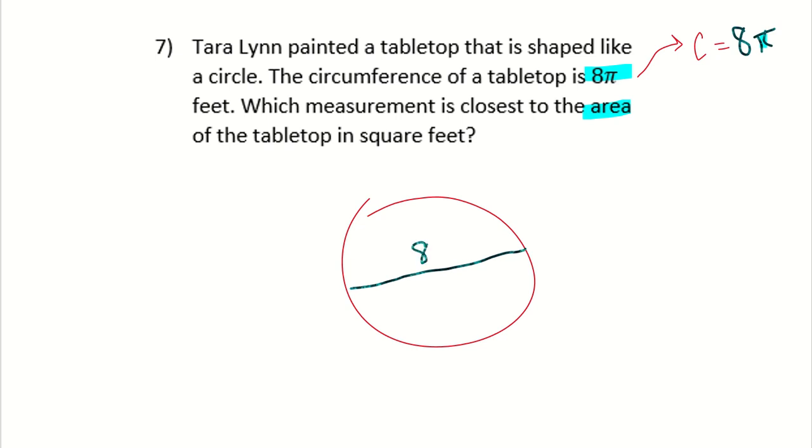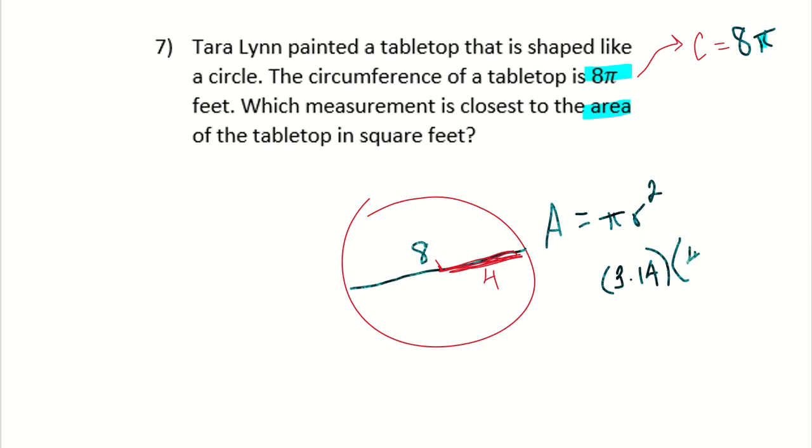Now we have everything we need to focus on the question, which is just find the area. All right, area formula, area equals pi r squared. Pi is 3.14, and I've got to use 3.14 since this is not a multiple choice. What is the radius? Radius would just be half of 8, not all of 8. That's the diameter. Half of 8 is 4.